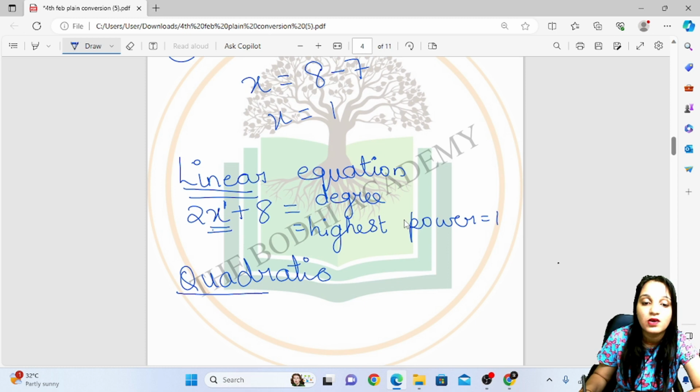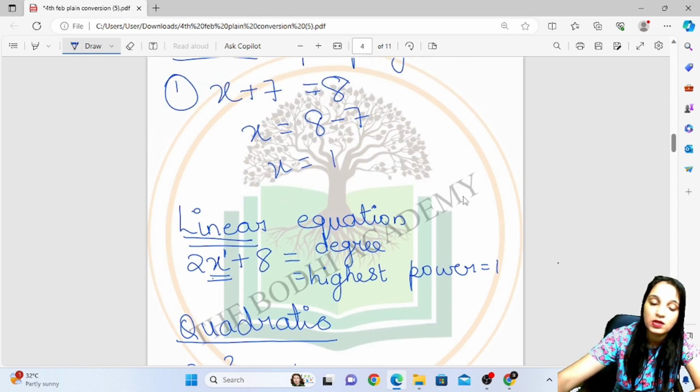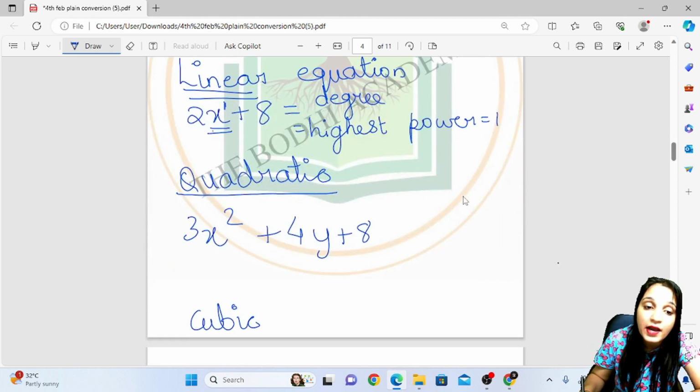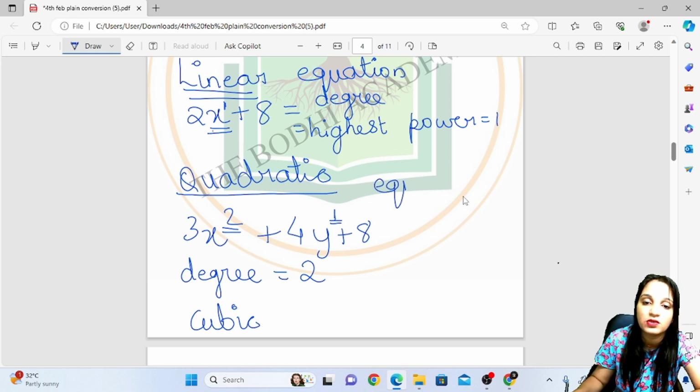Then quadratic. Quadratic is when, suppose, 3x square plus 4y plus 8. Now here you can see the highest power. Here you have 2 and here you have 1. So here the degree, that is the highest power, is 2. So when the degree is 2, it is called a quadratic equation.